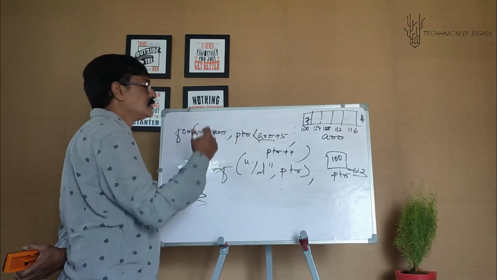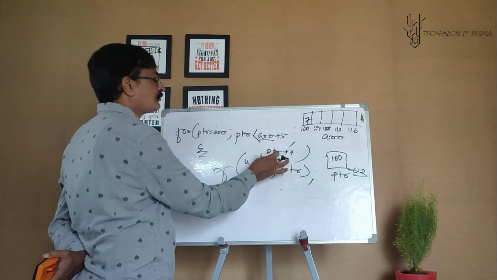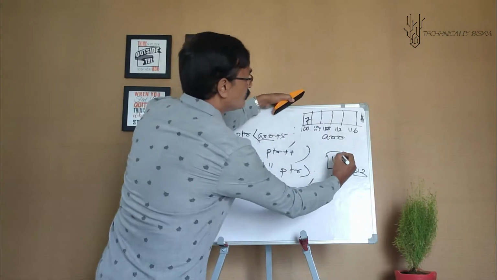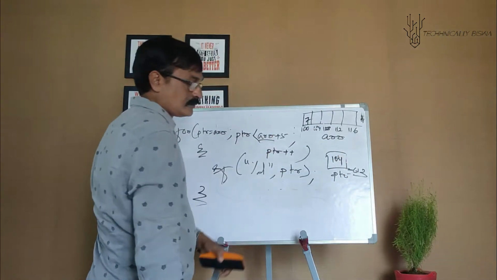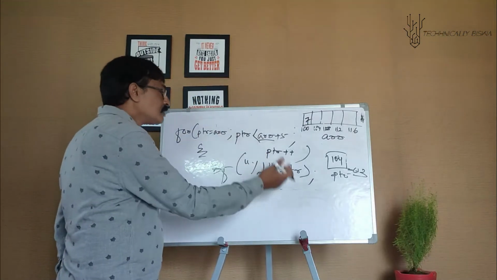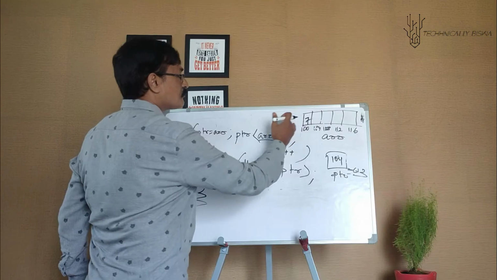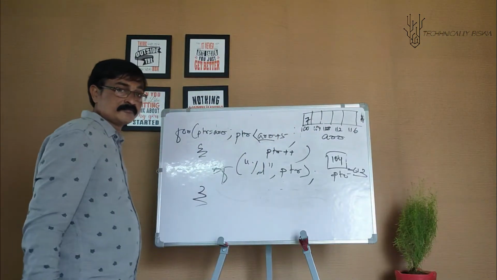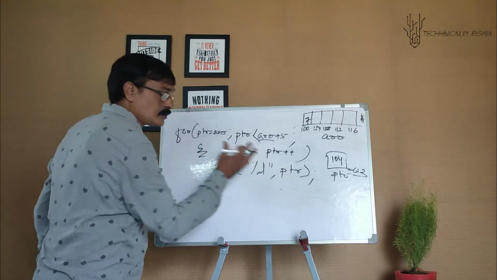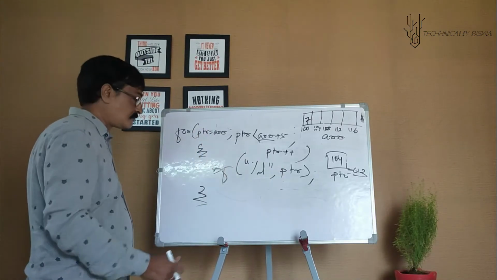Accept a value 7. Then it goes back to increment, ptr plus plus will move it to what? 104. 4 byte scaling factor, remember that, per pointer. Next time the value goes into 104. That way you accept all the values. Isn't it easy? Just need to remember how it works, how you write the statement.